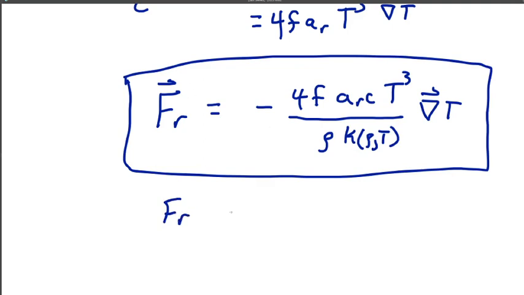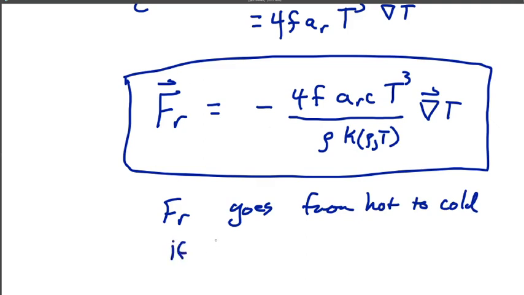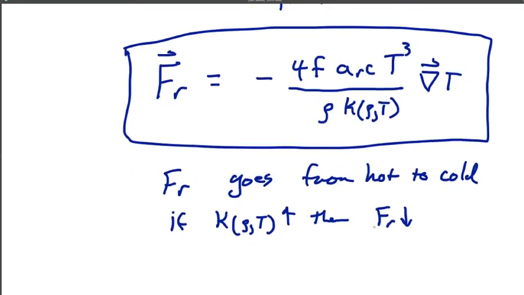F of r goes from hot to cold, and if the opacity, which I'll label with rho and T, goes up, then the radiative flux goes down, and vice versa. That just says that if it's more opaque, it's harder to get radiation through something.